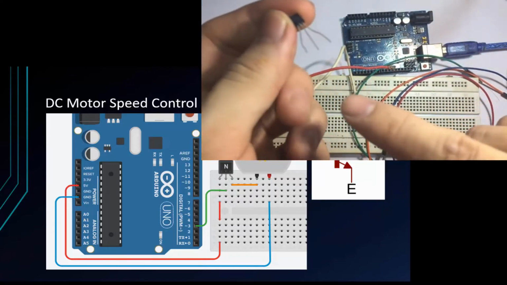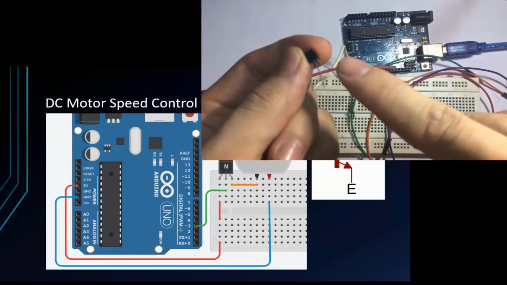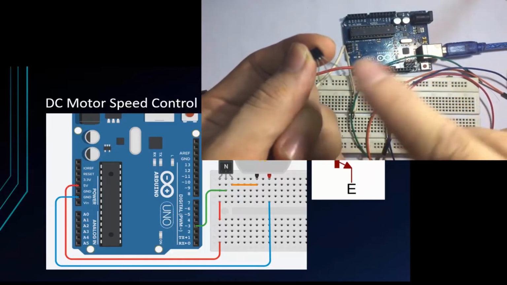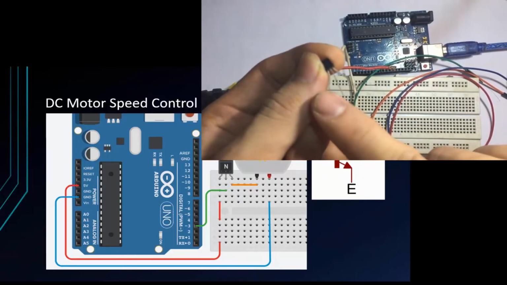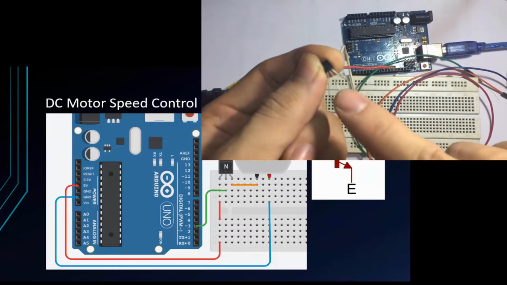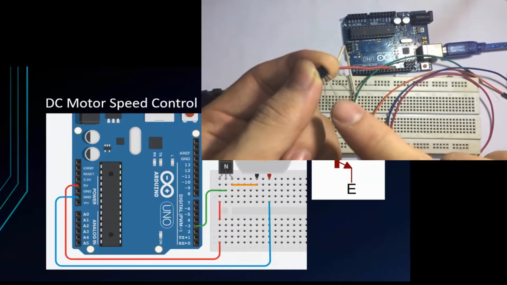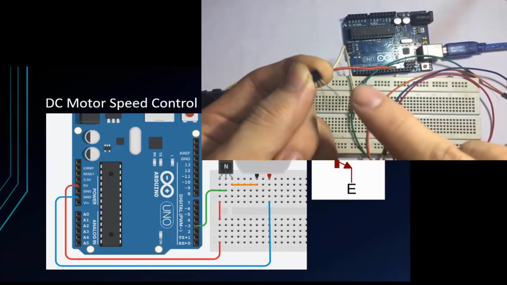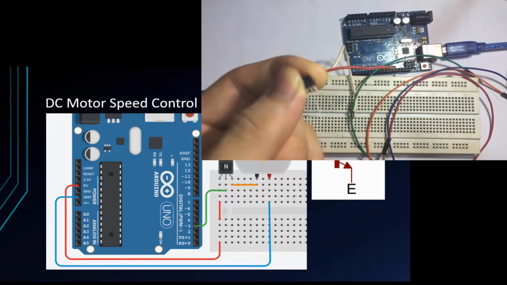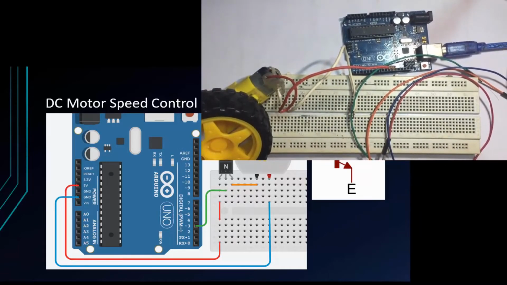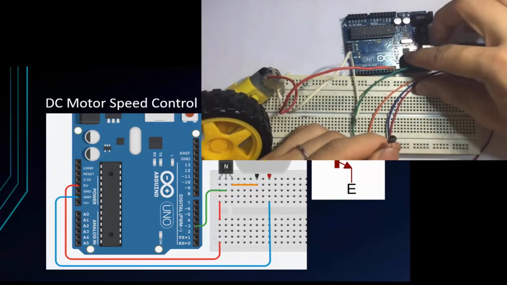My transistor has three pins. From left to right, the first one is E, emitter. The middle is C, collector, and the last one is base. It's different from the diagram, but it has three pins like this.